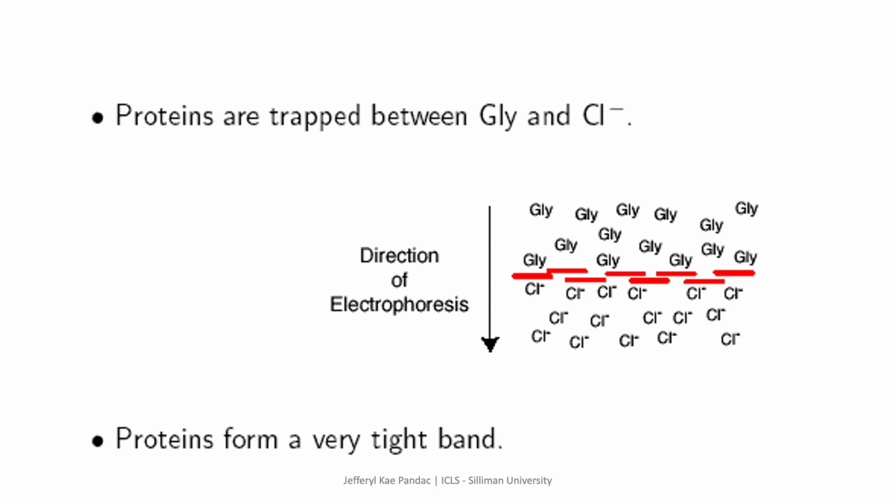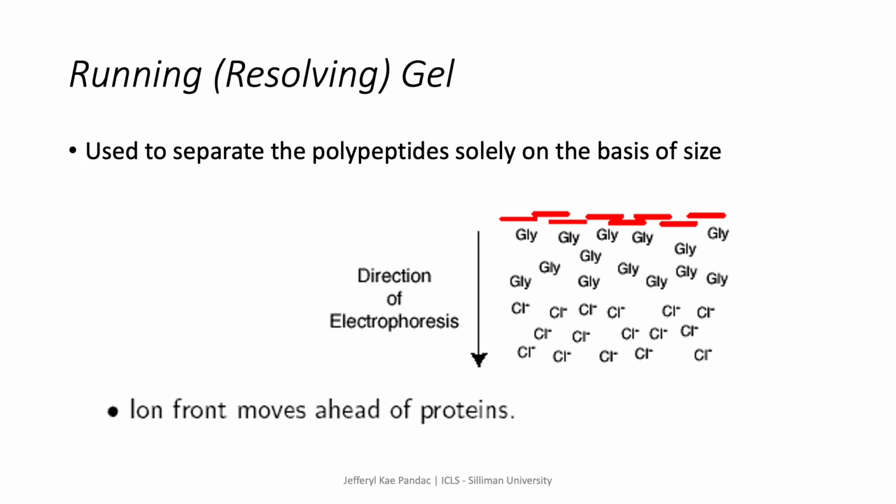At this stage, the protein molecules are trapped between the two ion fronts, which are the trailing glycine and the leading chloride ions. Upon reaching the resolving gel, the pH increases and the pore size decreases abruptly. At much higher pH, glycine molecules are no longer in the form of zwitterions; they become ionized at this stage and start to move faster than their movement in the stacking gel.